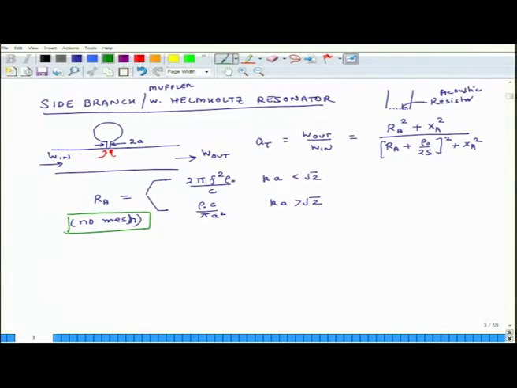If there is mesh, suppose there is mesh, then the resistance offered by this mesh will be very large compared to these values. Okay. So, we can neglect the contribution of these values, then I can write RA as RS divided by pi A square, so this is the case when there is mesh.